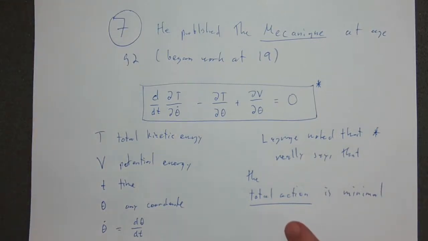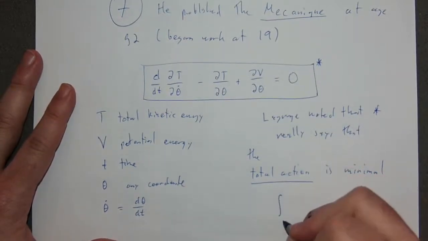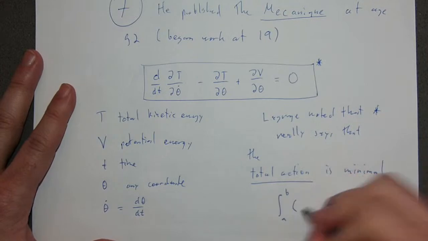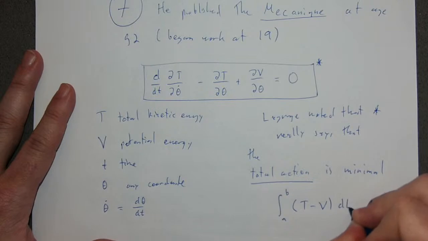What is the total action? The total action is the integral from a to b of T minus V dt.